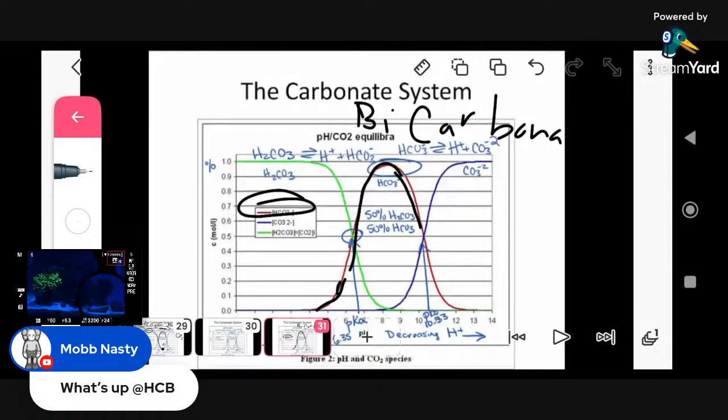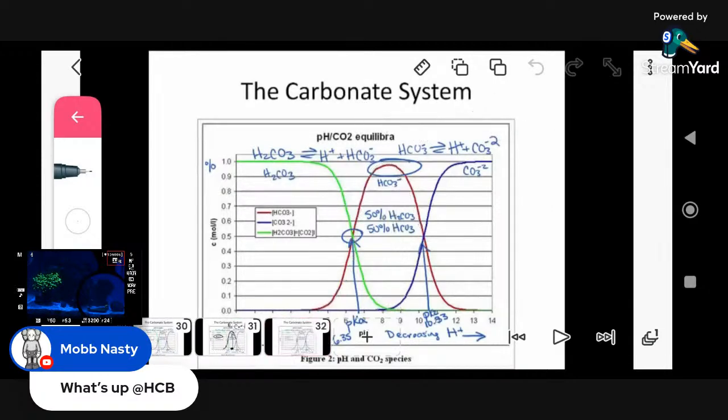So when you increase the pH of the system, the most abundant form in the buffer system right here is carbonate. That's what I missed in the beginning of the lecture.